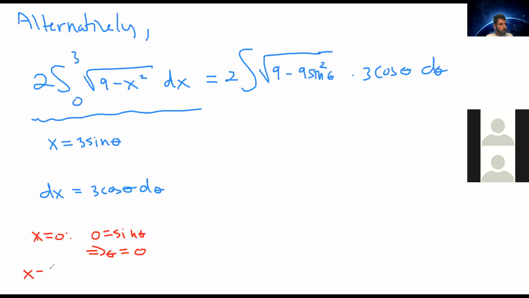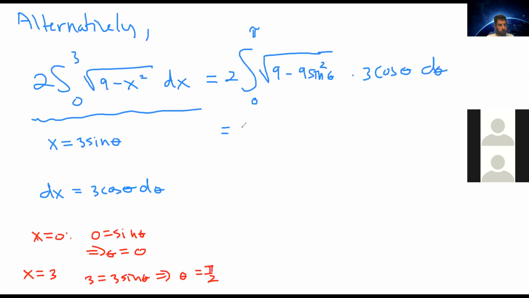And then when x is 3, you need to solve 3 equals 3 sine theta, which implies, as you would probably expect, that theta equals pi over 2. So that means my new bounds in terms of theta are 0 to pi over 2.